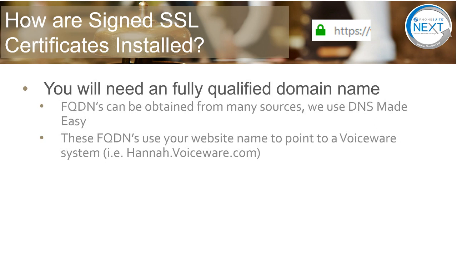So if you want to do a fully qualified certificate, what you need first is a fully qualified domain name. And this is something that Phonesuite can't help you with. You need to be able to set this up on your own. The reason for that is you need to use your domain, your company's domain, for your fully qualified domain name. So for example, Phonesuite uses the fully qualified domain name of voiceware.com, and that's ours.